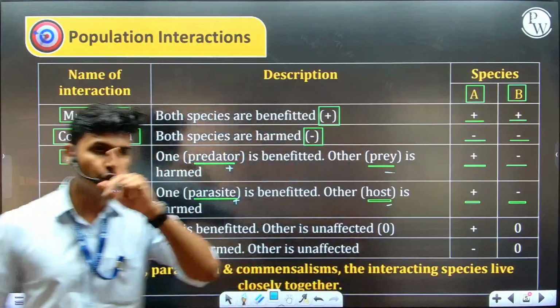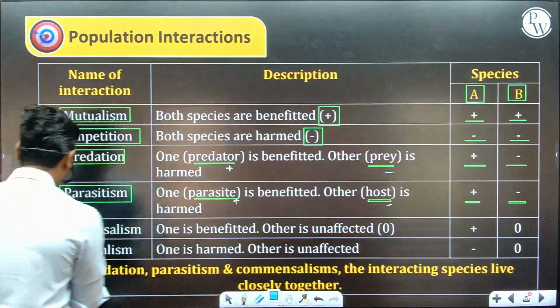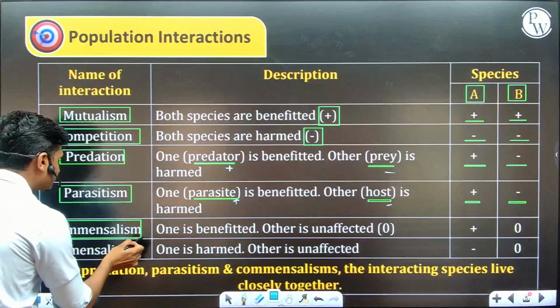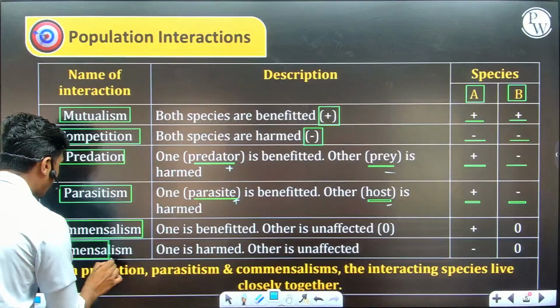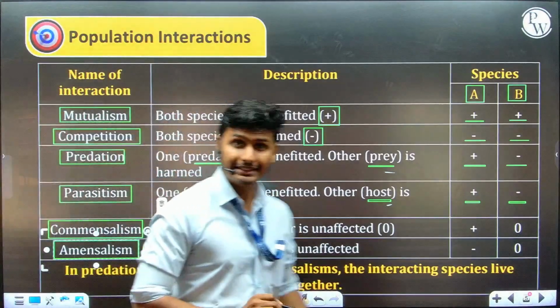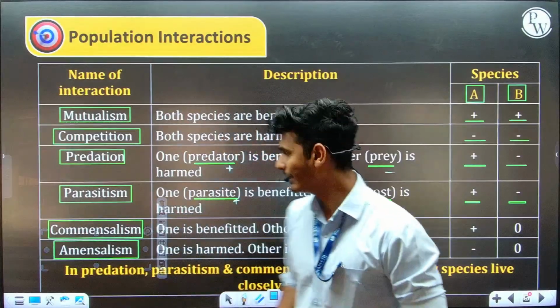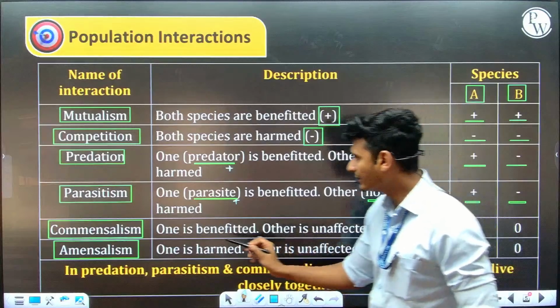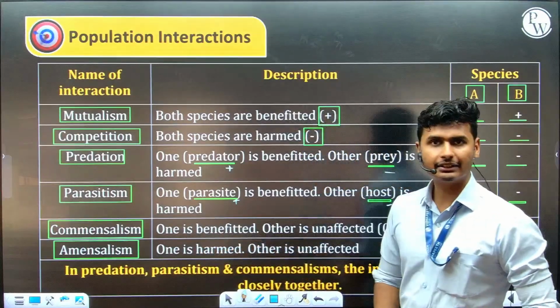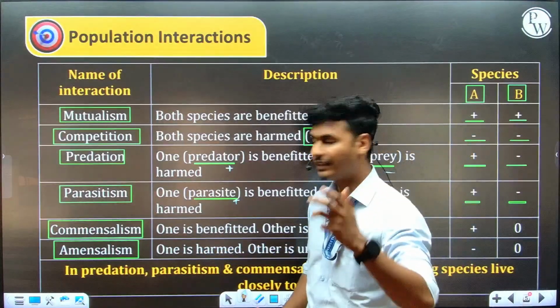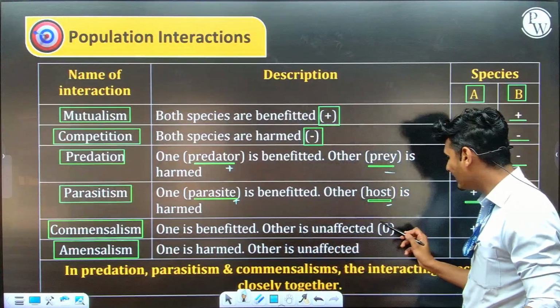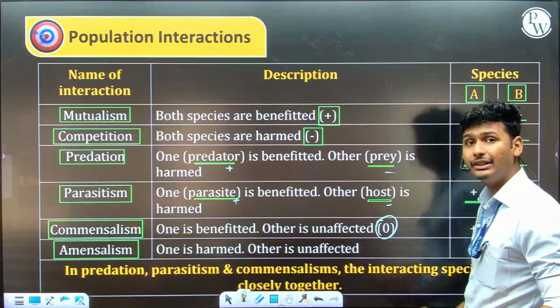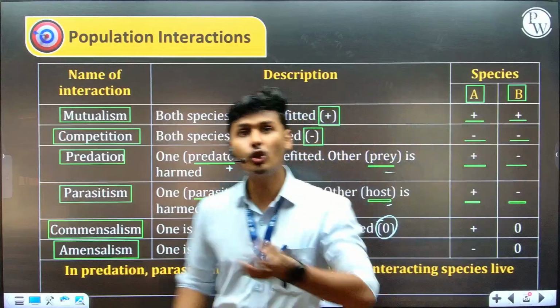Now, for another terminology, one is commensalism and another one is amensalism. If we are talking about commensalism, one individual benefits, and the second individual is unaffected, that is neutral, no positive sign, no negative sign.